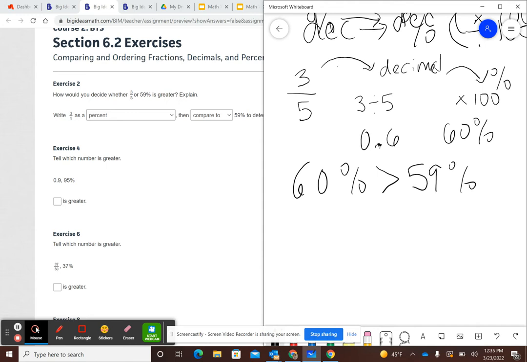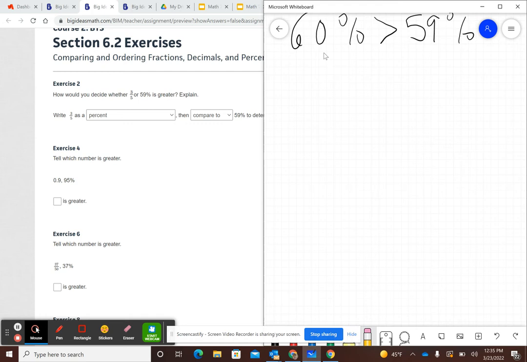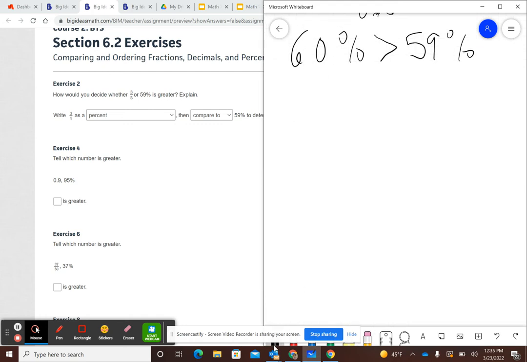Okay, let's do another example. So once again, this time I actually have a decimal and a percentage, and I have to tell which one's greater. Let me move my screen here so I have some more space. Okay, so if I'm looking at trying to determine if 0.9 is greater or 95% is greater, this is a decimal.